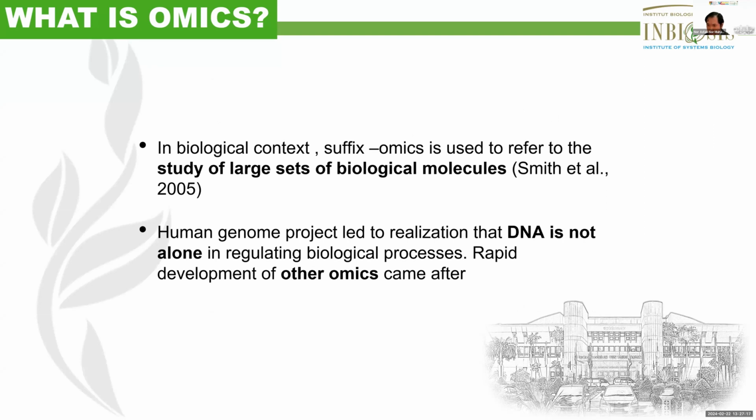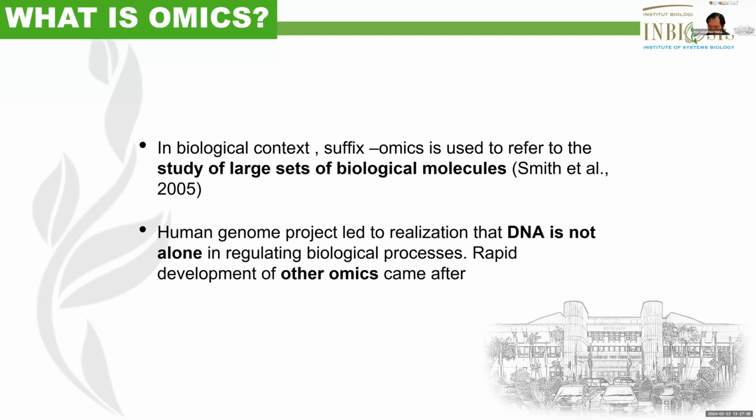So in terms of the biological context, basically it is the study of large sets of biological molecules. If we are talking about genomics, basically it's the study of all the genes in that species that we extracted the data from, and that applies to other omics as well.